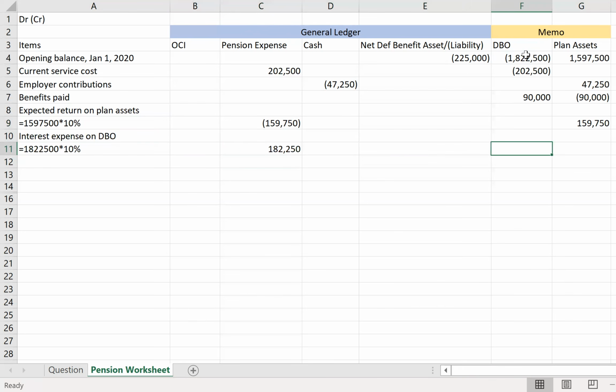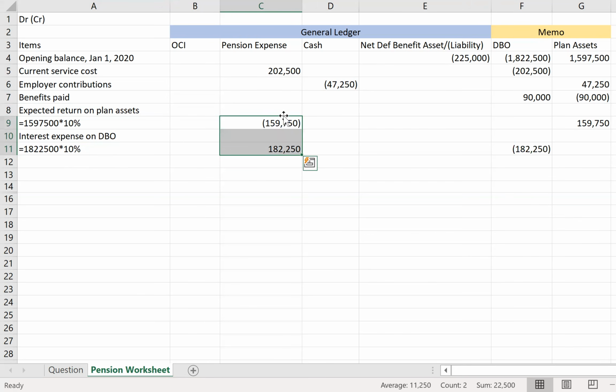And of course, it's also going to increase the DBO because now we have this time value of money component. So this liability needs to increase on the balance sheet of the plan itself. And it's also an expense to the corporation. So the difference between the expected return on plan assets and the interest expense on the DBO is our net interest or finance cost.